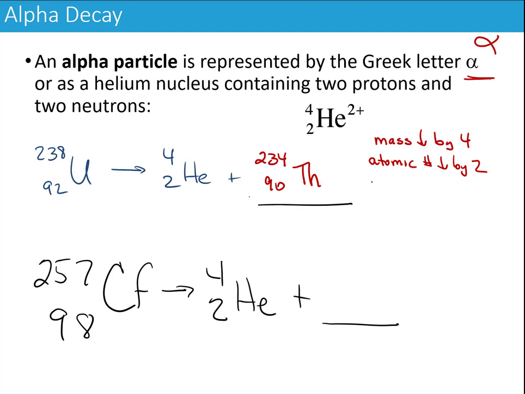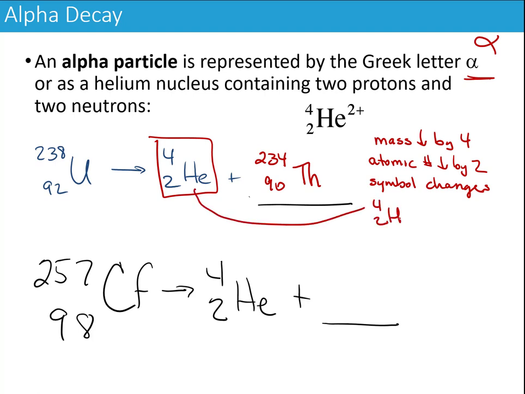So in this, the symbol changes as well. One way that you can pick this out is you will always see the helium with the 4 and the 2. It's a helium nucleus, and that will always be a product. And it really should have a positive 2.